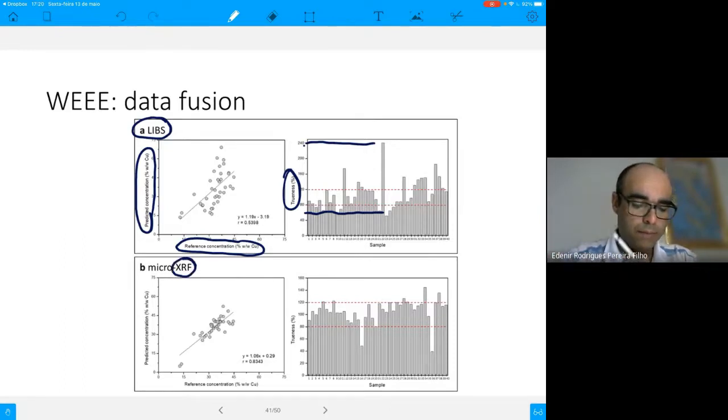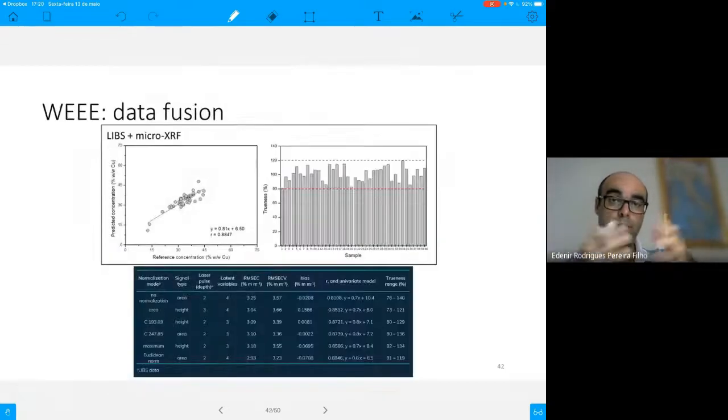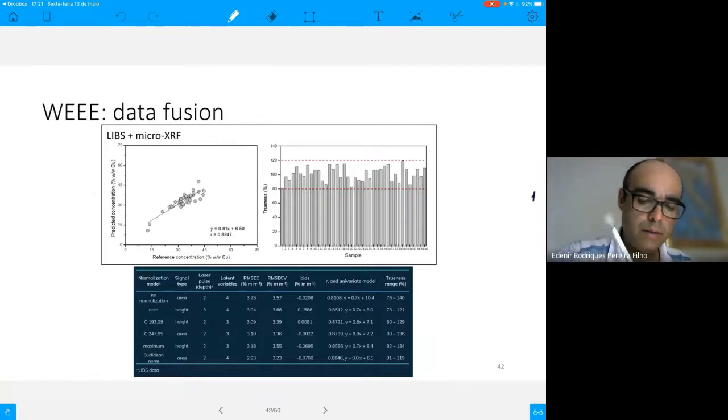Using X-ray fluorescence, the trueness values were from 50% up to 140%. Then we combined both signals, the copper from LIBS and the copper from X-ray fluorescence, and the results were much better. For the same samples, the trueness varied from 8 to 120%.